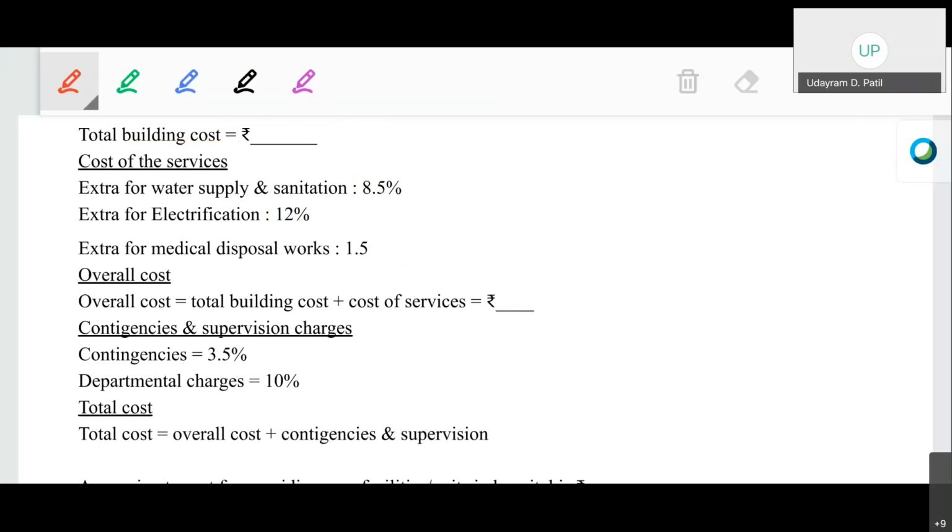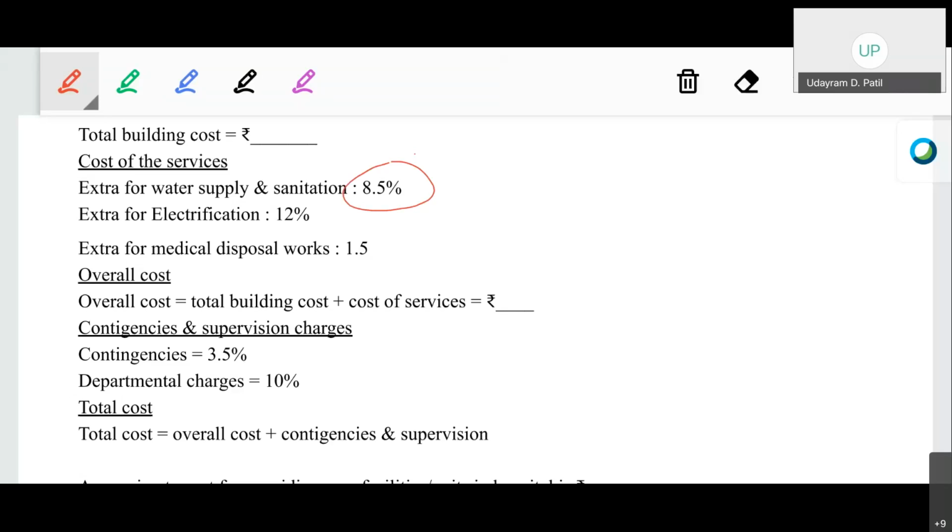OK, so the total building cost is 94 lakhs 61,949.5 rupees.